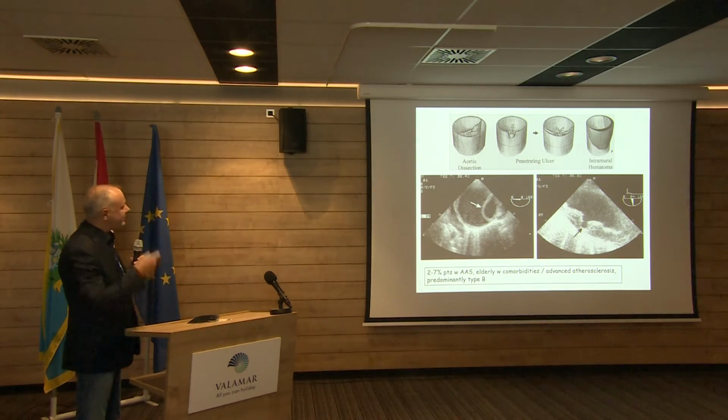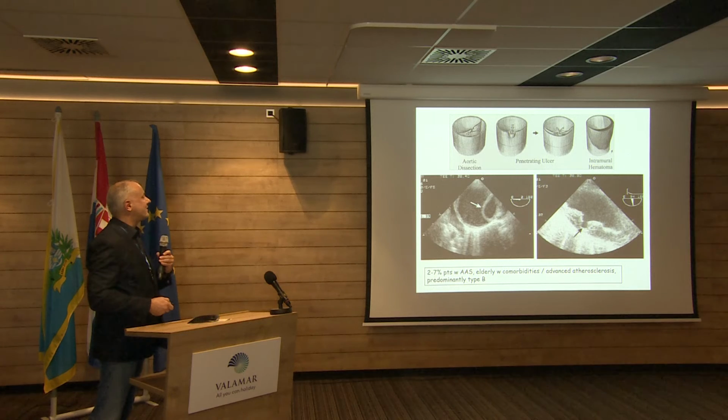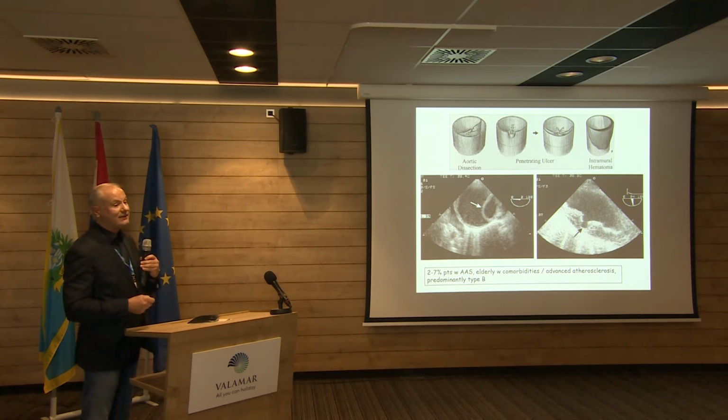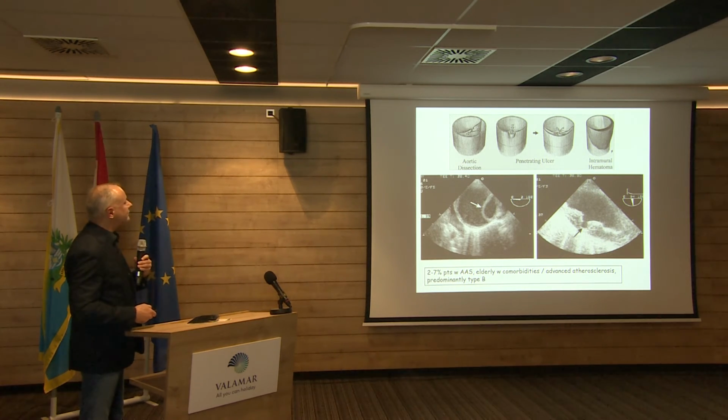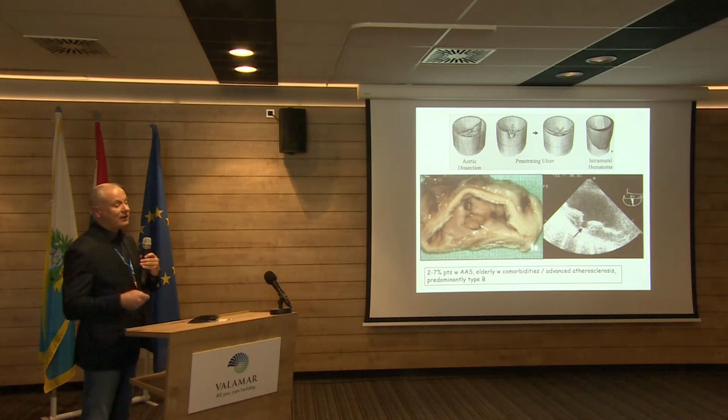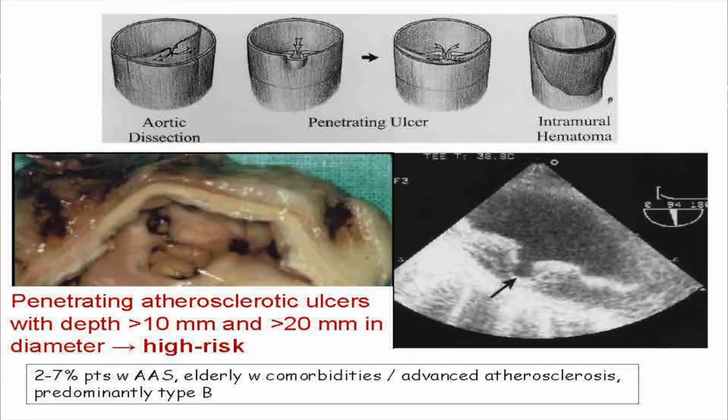The third entity, the rarest one, is penetrating atherosclerotic ulcer. It's only 2 to 7% of all patients with acute aortic syndromes, usually elderly with comorbidities and advanced atherosclerosis, and it's predominantly type B. It can propagate or evolve to classical dissection or intramural hematoma, and this is the typical specimen.